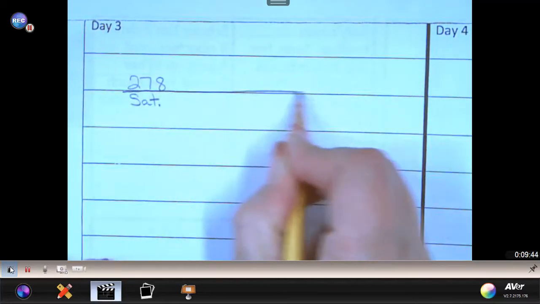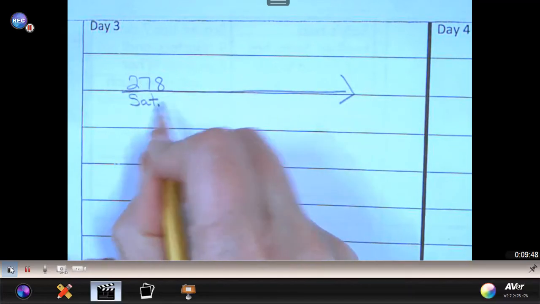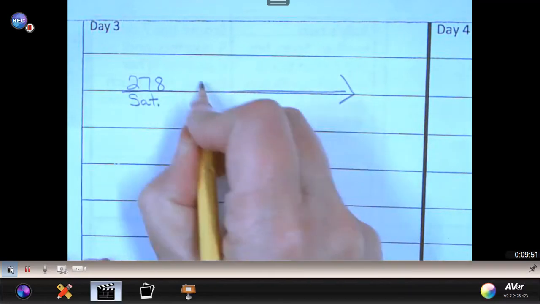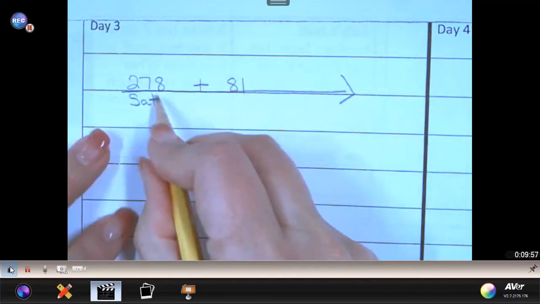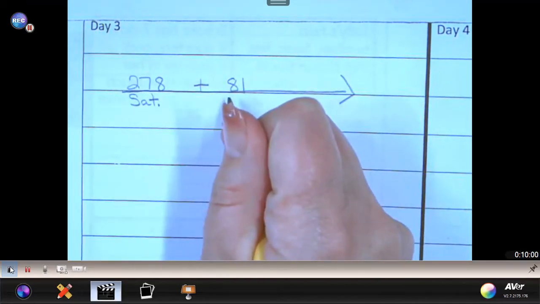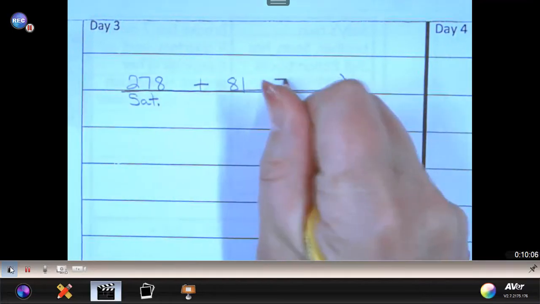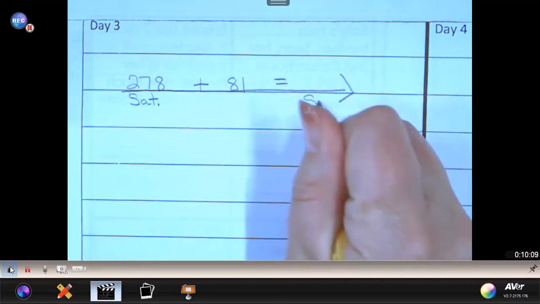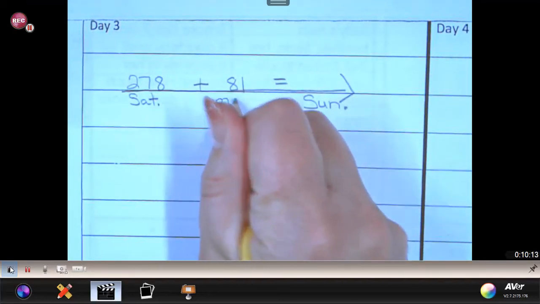So he's adding another 81 miles to his 278 miles that he did on Sunday. They want to know how many miles he traveled on Sunday. So it's 81 more miles.